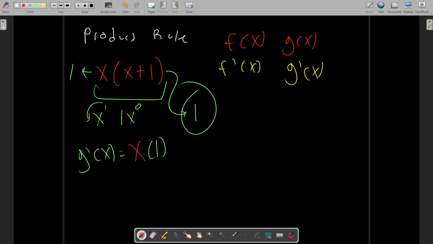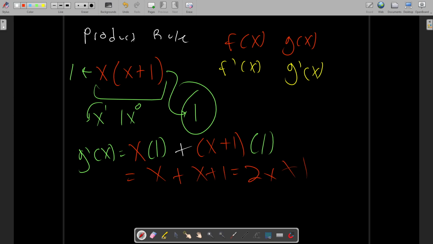And then plus the second function, not the derivative, which is x plus 1, times the derivative of x, which is still 1. So what is the derivative for this then? We get x plus x plus 1, which is just equal to 2x plus 1. Okay, so that wasn't too hard of an example.